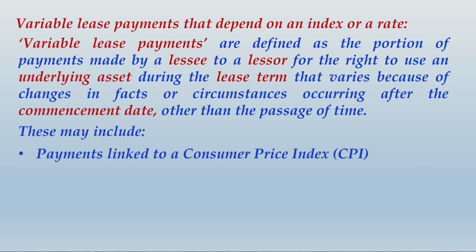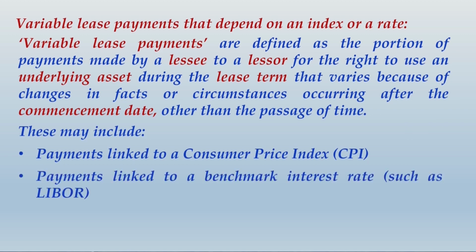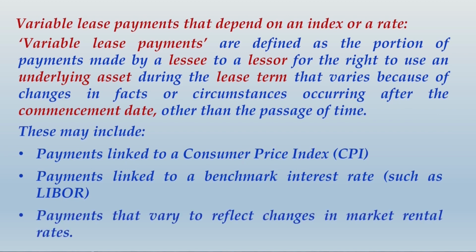These may include payments linked to a consumer price index, that is CPI, payments linked to a benchmark interest rate such as LIBOR, and payments that vary to reflect changes in the market rental rates. So friends, we have already discussed these points. Just quickly take note of these.